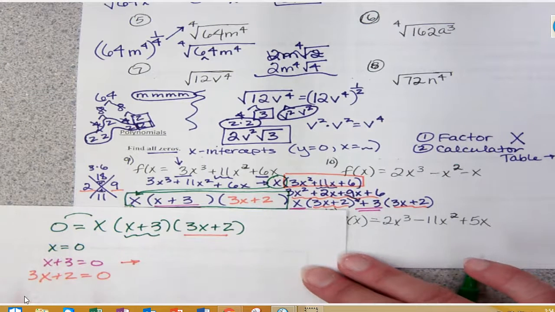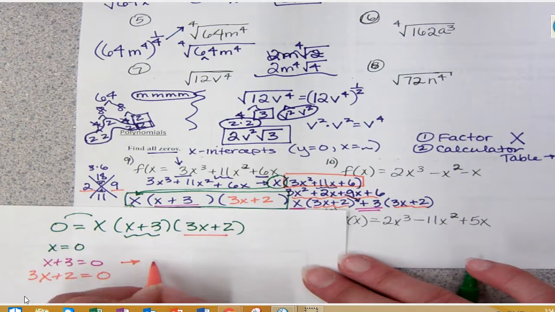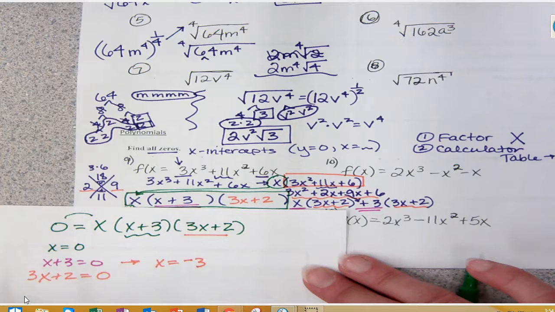So if I'm going to solve for x here, I'm going to subtract 3 from both sides and get x equals minus 3. This one, I'm going to subtract 2 from both sides, get 3x equals negative 2. Then I have to divide by 3. I get x equals negative 2/3.